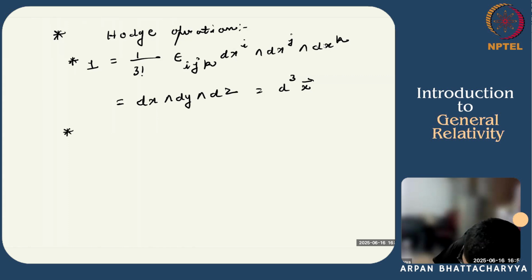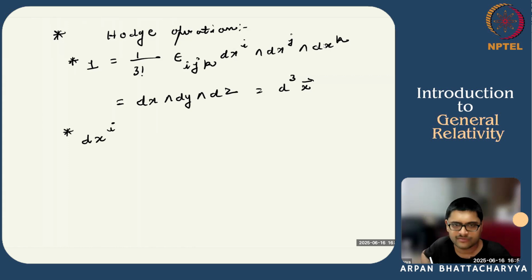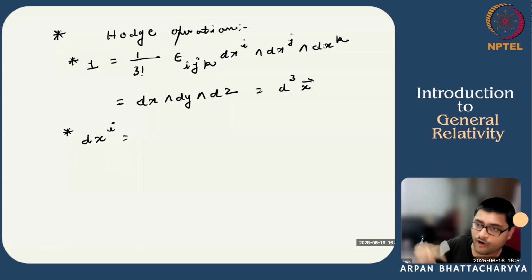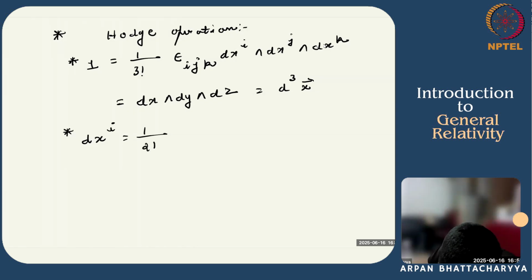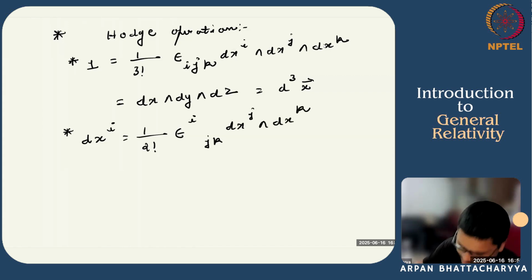Now, what about the star, the Hodge dual, of dx? It is a 1-form. The star of this will give a 2-form. The dual form is a 2-form. Again, d minus p, so 3 minus 1 factorial. Then there will be epsilon with one index up and two indices lower, corresponding to the 2-form, and then dx^j wedge dx^k.